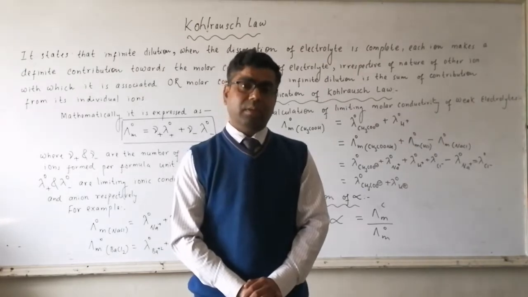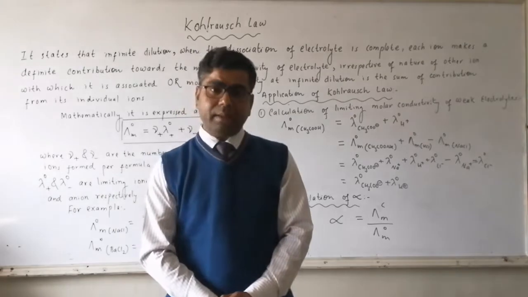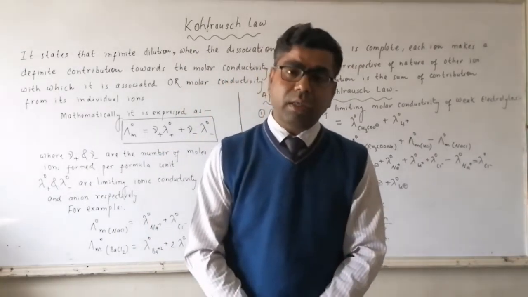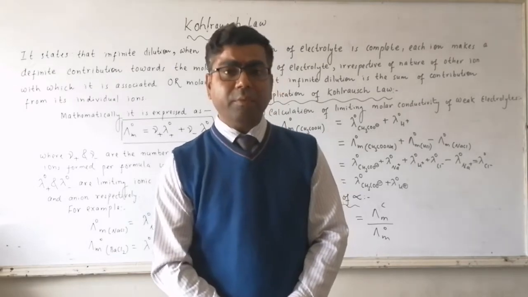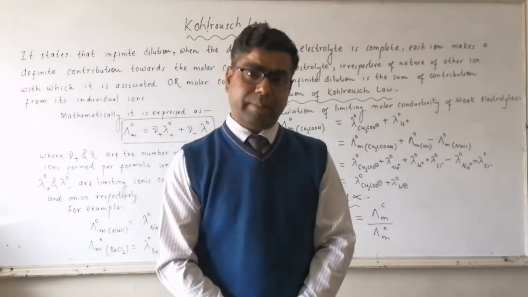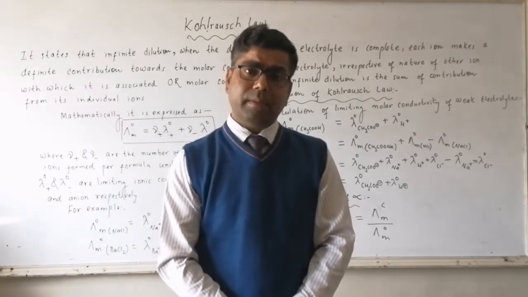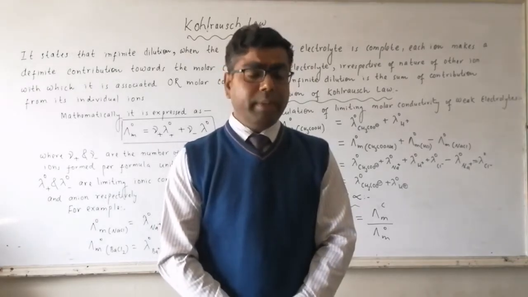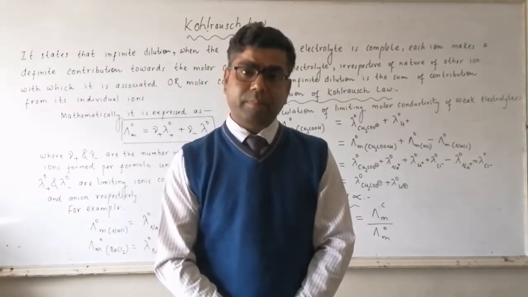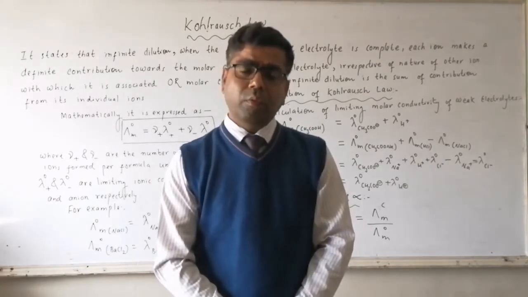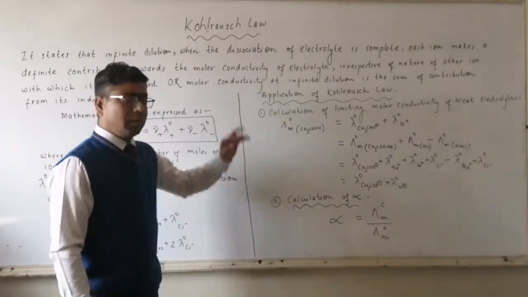But with the help of the graph, it is not possible to calculate the limiting molar conductivity for weak electrolytes as the graph runs parallel to the y-axis. So how to calculate limiting molar conductivity for weak electrolytes? For this, we can use Kohlrausch's law.